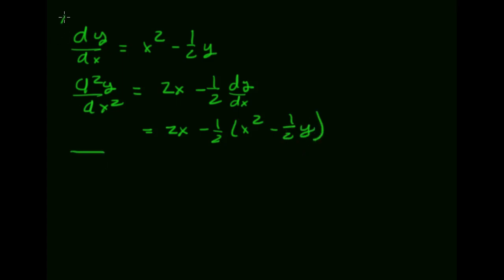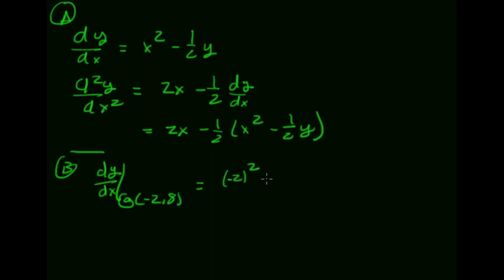Now, you can use this information to do part B. Part B basically says you're doing these two things at the point negative 2, 8. So dy/dx at negative 2, 8 is going to be negative 2 squared minus 1/2 times 8. So that comes out as 0.